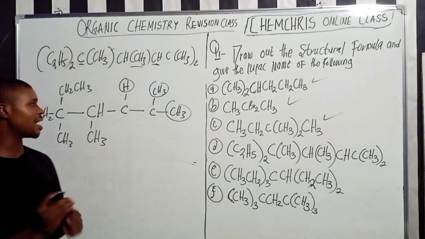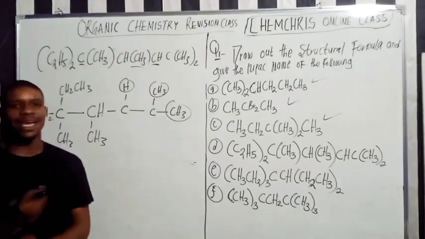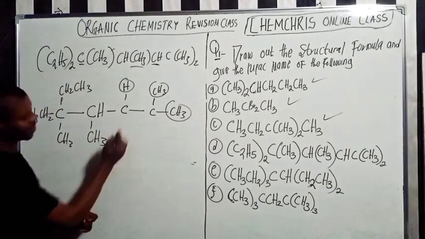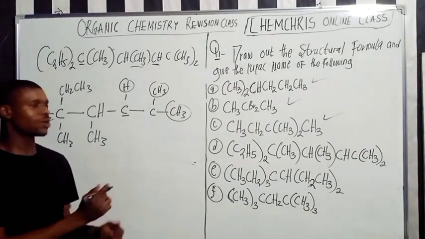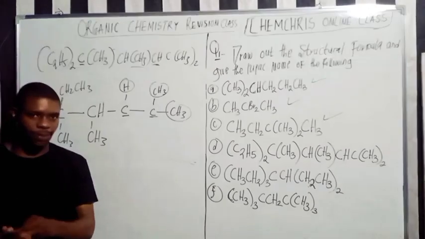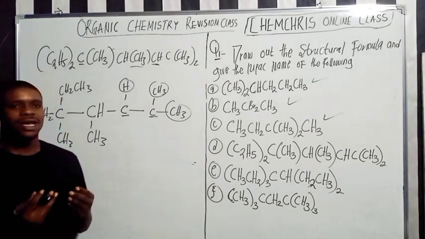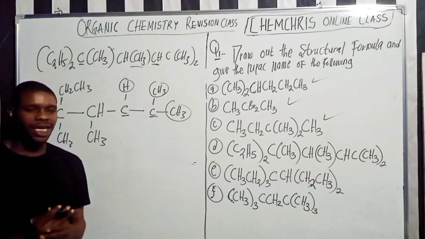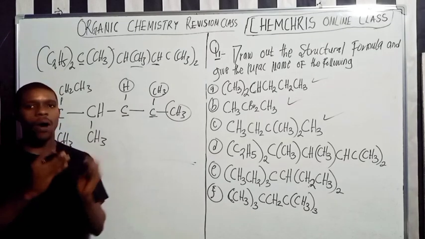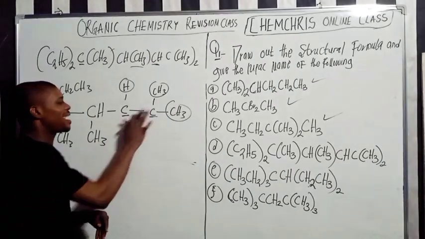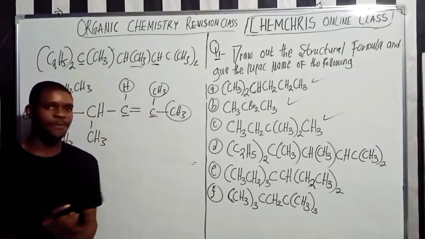But you find out here that these two carbon atoms do not have a complete bond. As a matter of fact, this carbon here has 3 bonds, and this one has 3 bonds. So you now ask yourself, is this thing correct or not? Remember, carbon must have 4 bonds, right? Since these two are lacking one bond, it means that there is a double bond at this point.